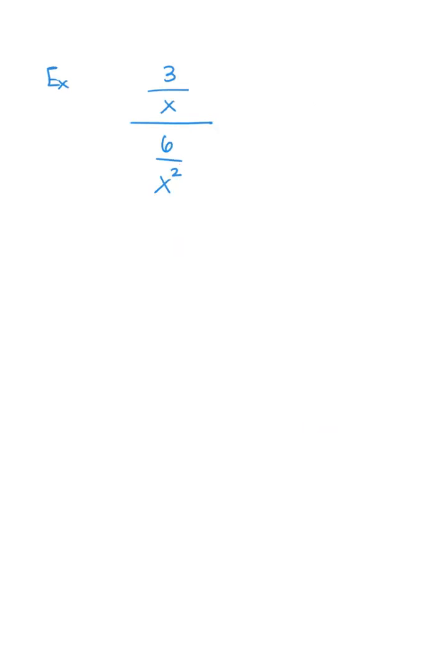All right, another problem. So a new problem, and there might be less going on with this problem. Our LCD is X squared. So then here on top, I'm going to multiply this times X squared. And then on bottom, I'm going to multiply that times X squared.